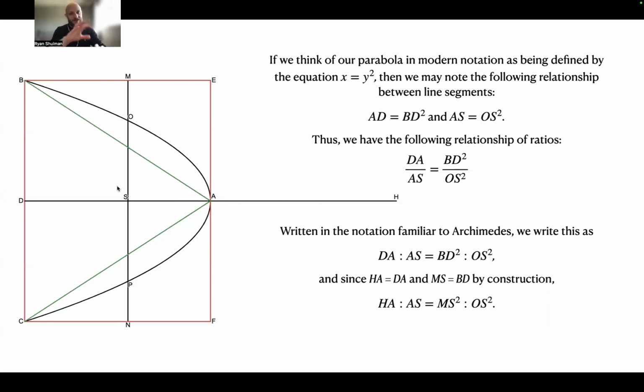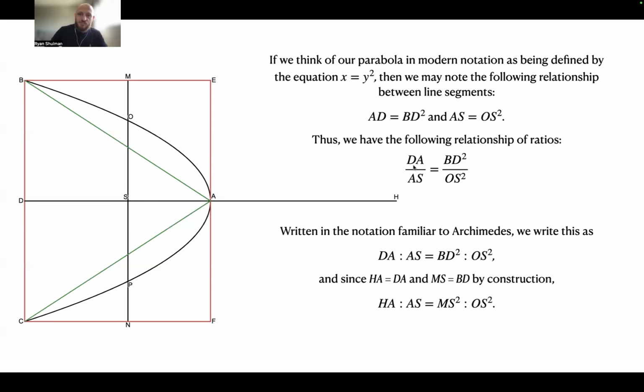Then we can note the following relationship between our segments: this line segment AD, which we can think of as an x coordinate over here at D, is equal to BD squared. So BD is the y coordinate. Again, x equals y squared. So x is AD, equals BD squared, the y squared. And similarly, AS is equal to OS squared.